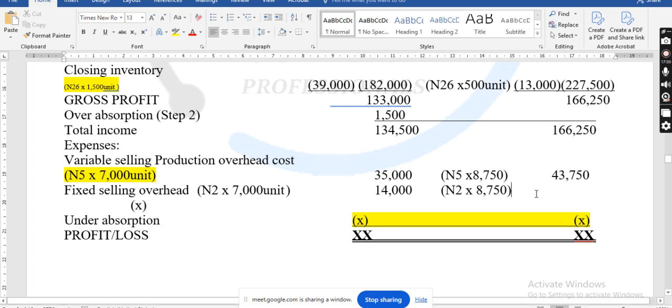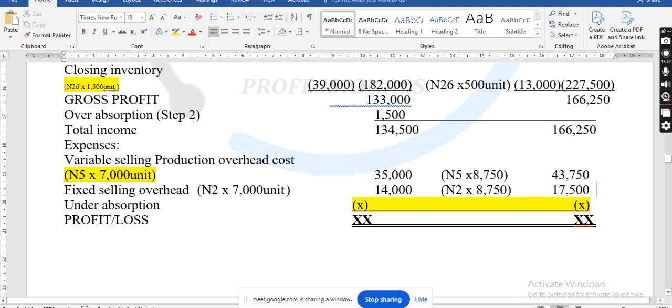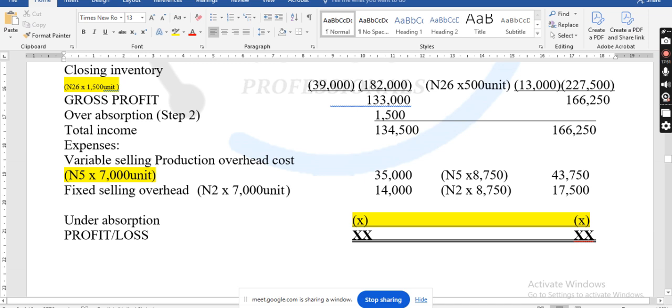That's 17,500. Please, others should confirm that. Please confirm.